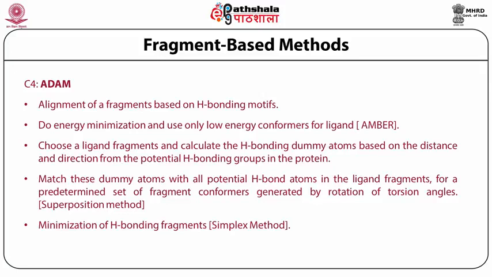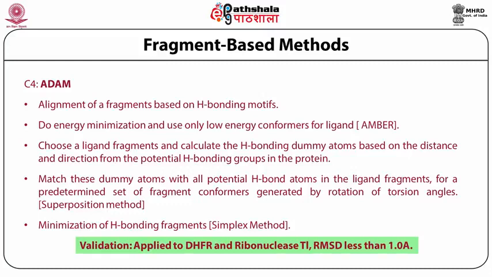It has been applied to DHFR and ribonuclease T1 and very efficiently found the inhibitors. However, the difficulty is, if the molecular fragment is large, it is difficult using only hydrogen bonds. The reason is that space filling or complementarity in shape is not included in this method. However, DOC does much better than this method.